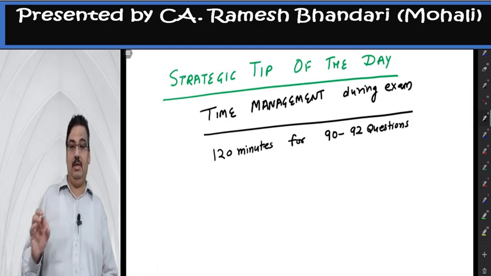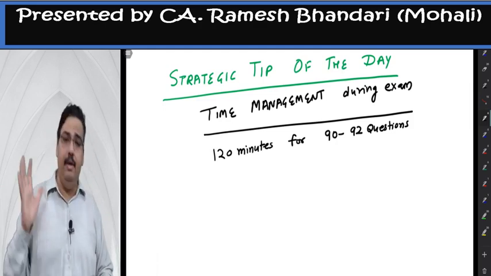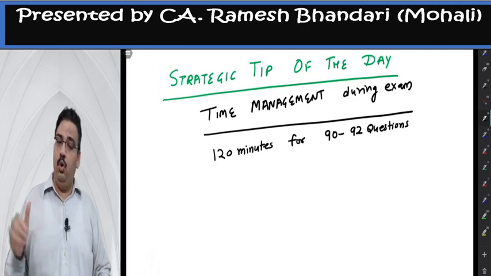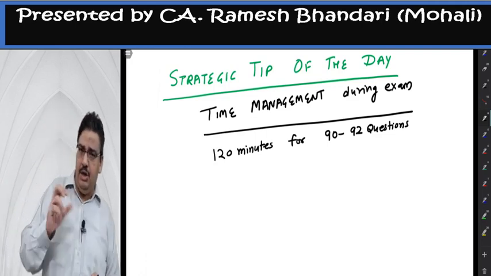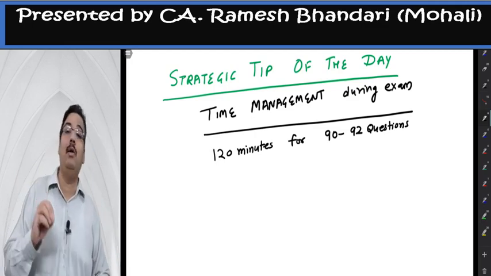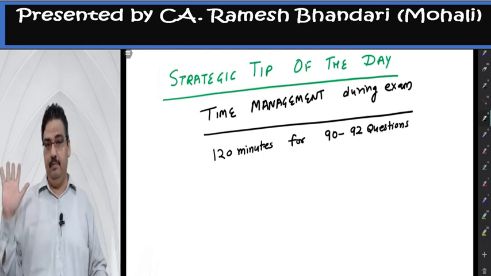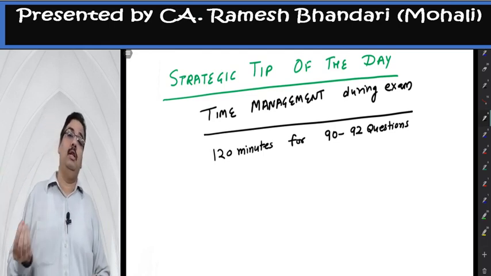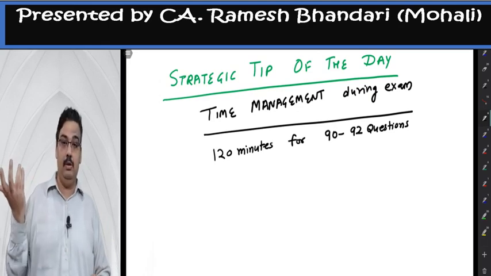But what I suggest, the question which you are doing surely correctly, you don't want to read again. You don't have to recheck it. The question you are not very sure about, or the calculation question, you must revise your calculations in the end, so that due to small things you don't get that negative 1.25 marks or 2.5 marks.